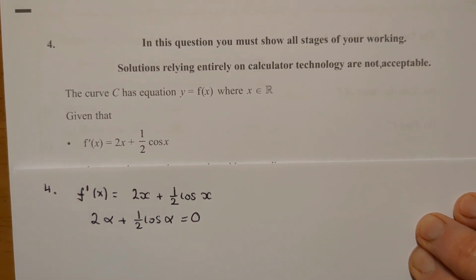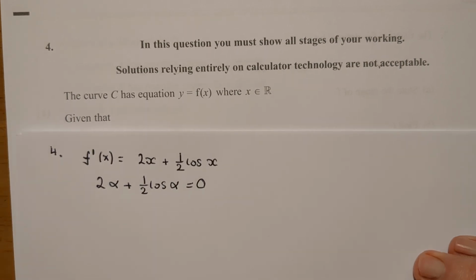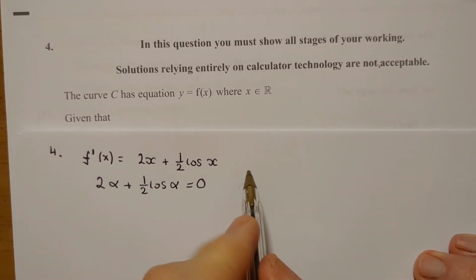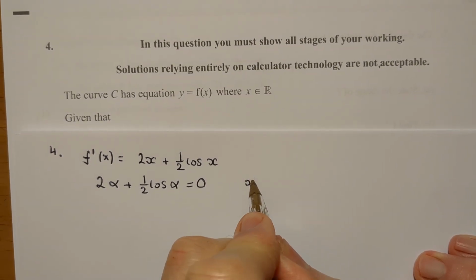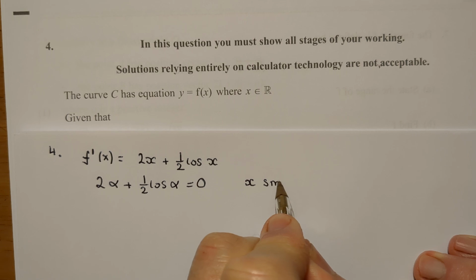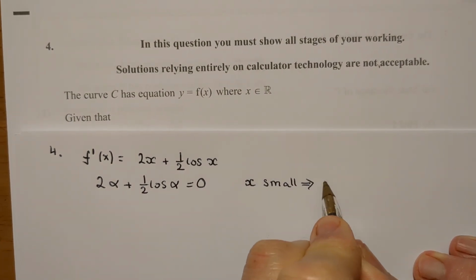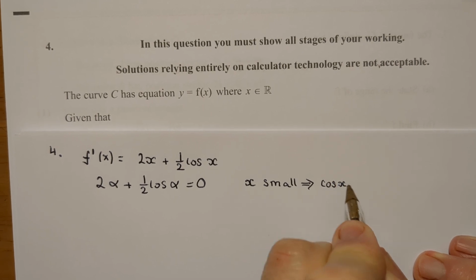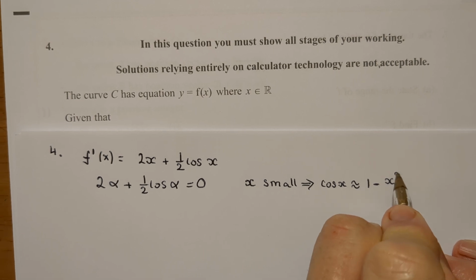Use the small angle approximation for cos x to estimate the value of alpha to 3 decimal places. Well, the small angle approximation says that if x is small, then cosine of x is approximately equal to 1 minus x squared over 2.